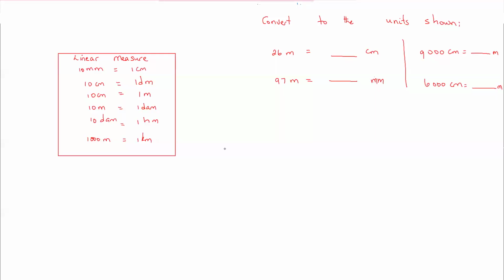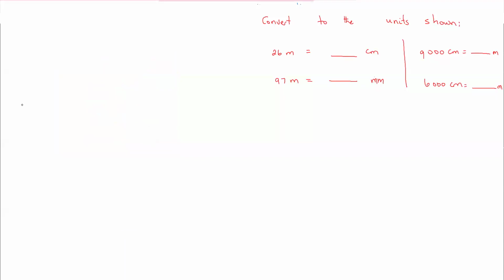All right, so let's say they gave us a question like this. In an exam, we have nothing we can look back on to recall these units, so we have to get it from our memory. We have to be able to remember what is in between each of them. On a test, let's say they gave us a question to convert to the units shown. We know we're dealing with linear measure, dealing with the meter.